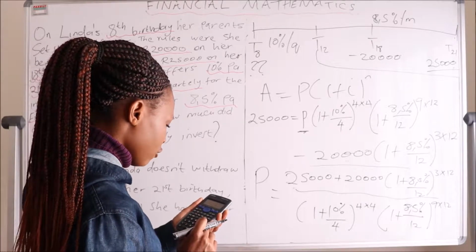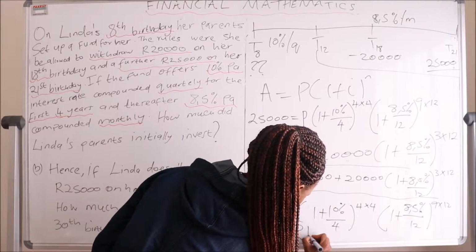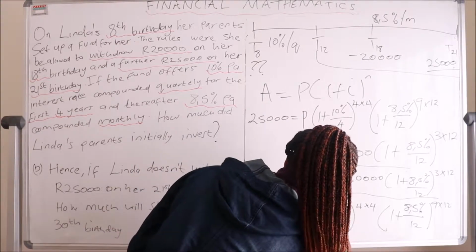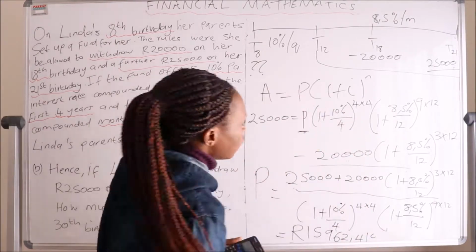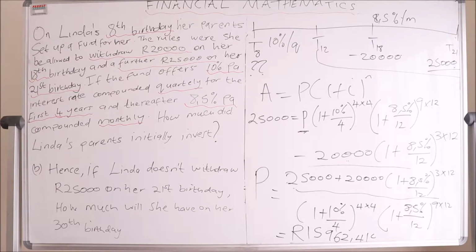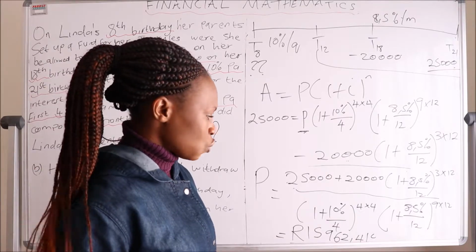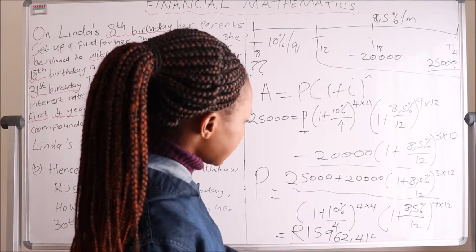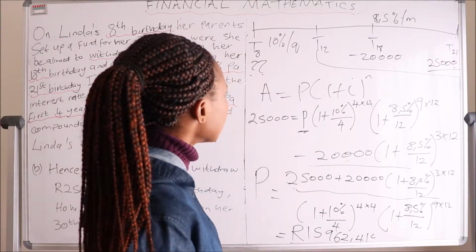And here we'll have our amount, which is the original amount which was invested, 15,962.41. Alright guys, I hope you understood the calculation here.